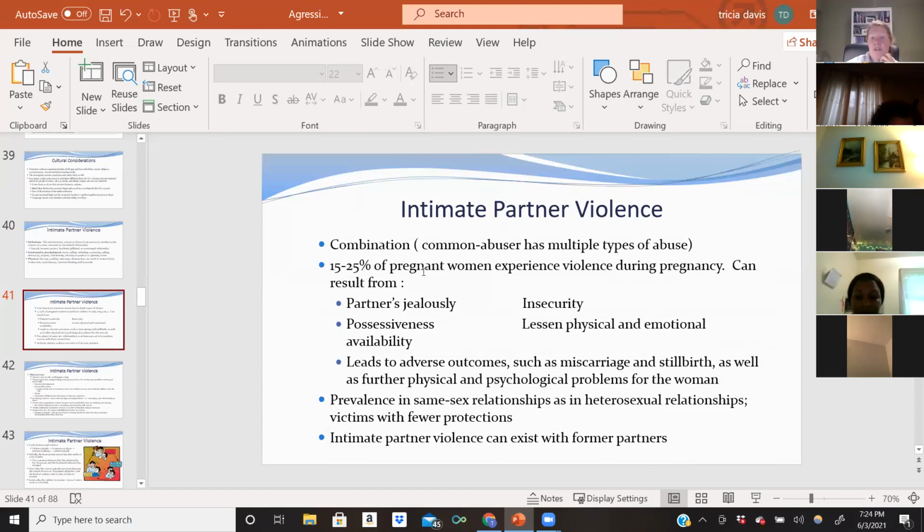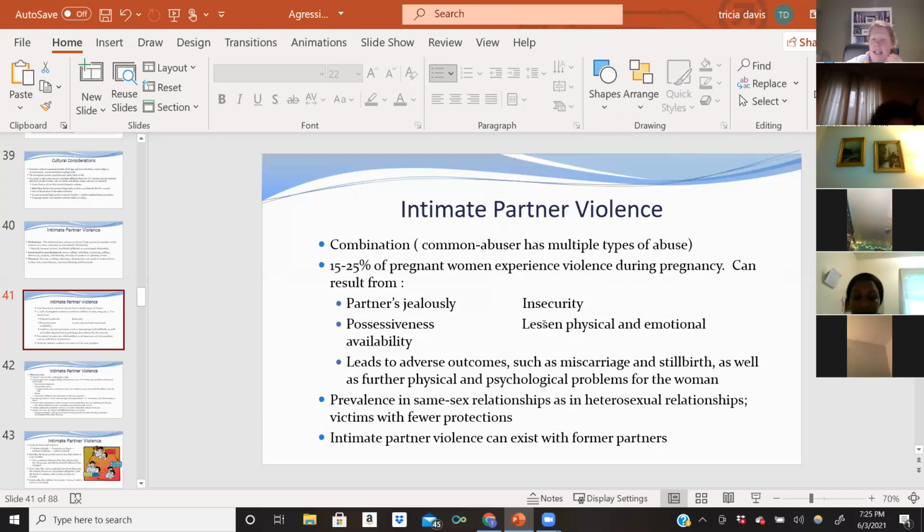It can result from the partner being jealous because they're not the center of attention anymore. Now the mom is focused on the baby and having a healthy pregnancy, and she's excited for the baby to come. If they're jealous, they also may feel insecure. They're possessive over their wife. They don't want anything that's going to jeopardize the love that they have for them.